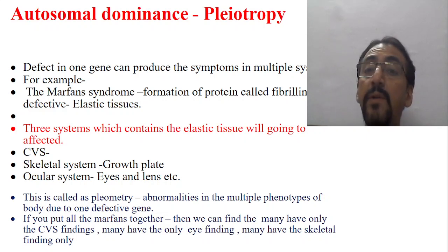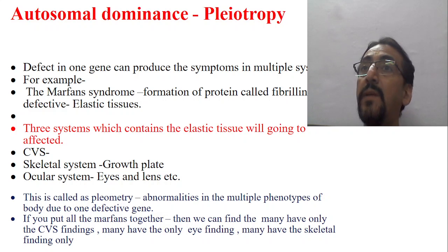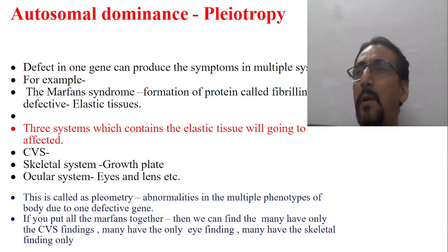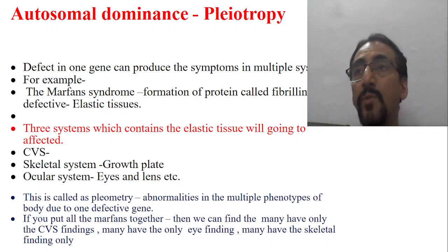Similarly, this fibrillin, which forms the elastin, is also required for the formation of skeletal tissues. So there will be abnormality of the skeletal system in Marfan syndrome, and the patient will have a long body, increased height, disproportionately long, slender fingers. The upper segment to lower segment ratio is affected, and the arm span is more than the height.